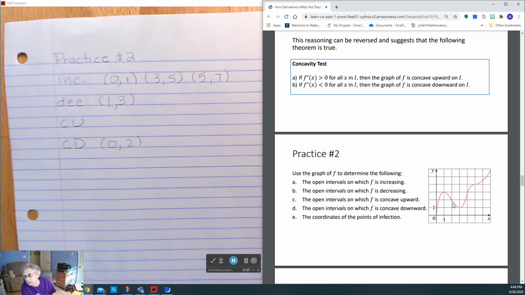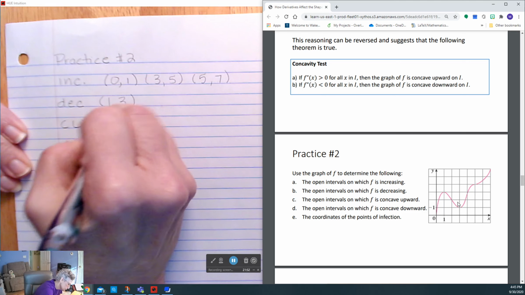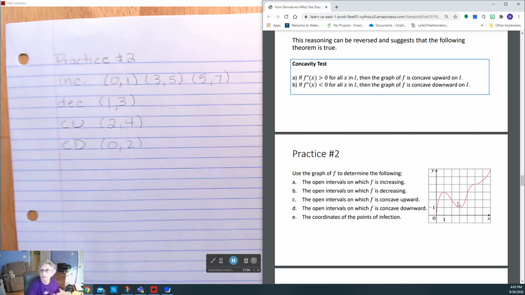Now it looks happy, so concave up like a cup. It looks like it switches right here at 2, and it's concave up until 4. Then it becomes concave down in this little box from 4 to 5.